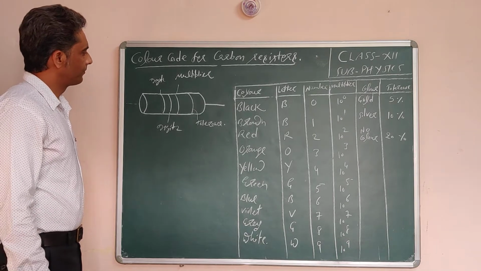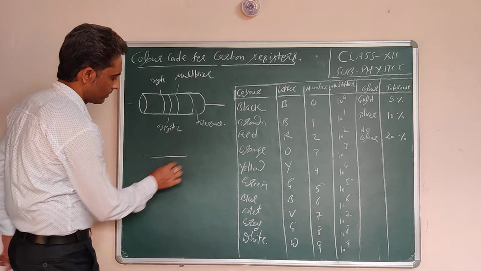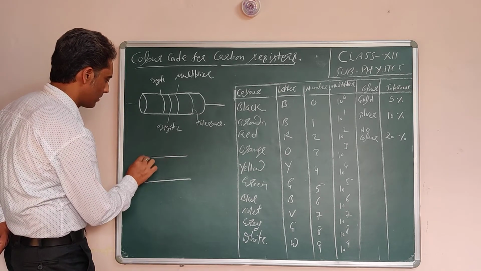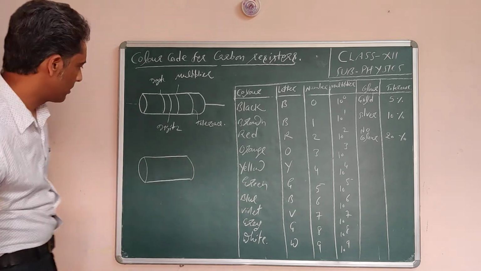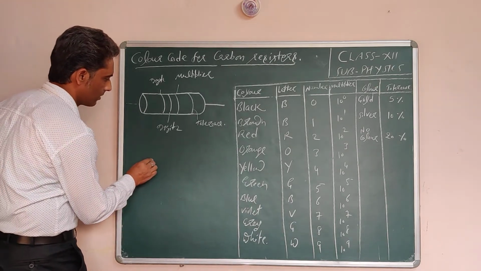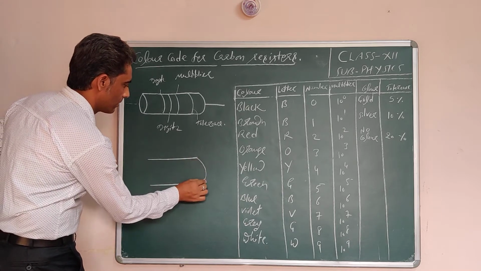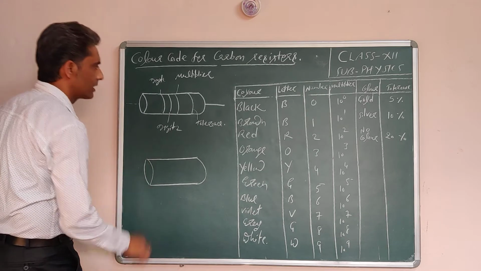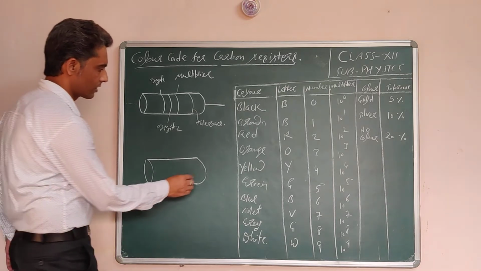So if I take some example, let this be a resistor. Actually, these resistors are compact in size, so that's why resistance is not written on these resistors.